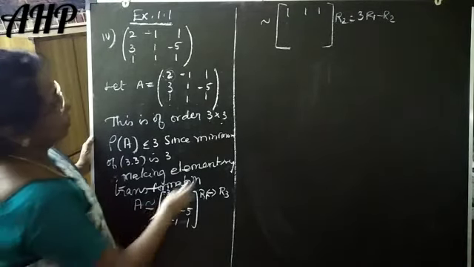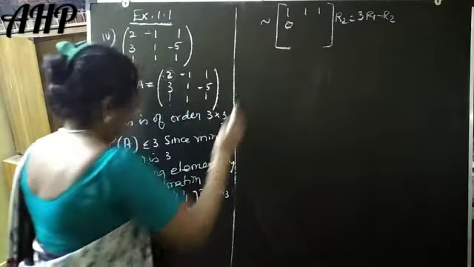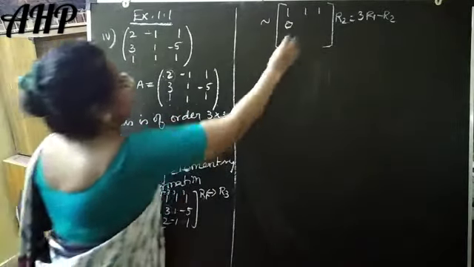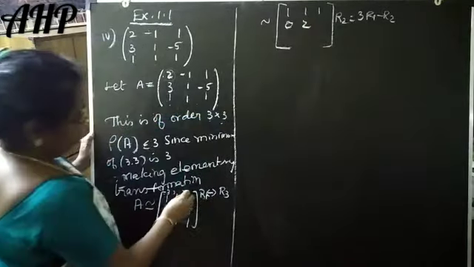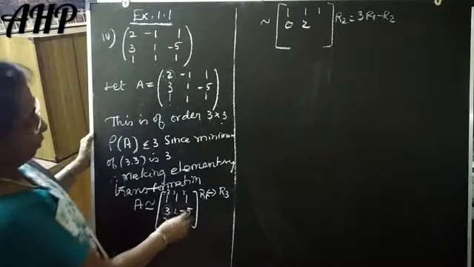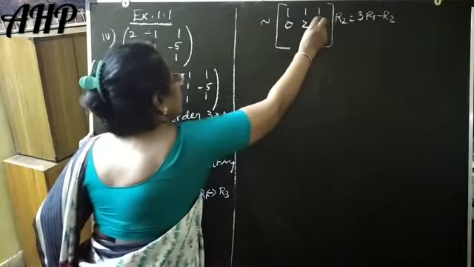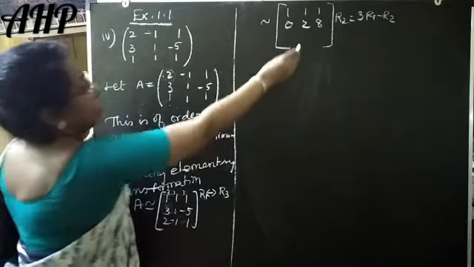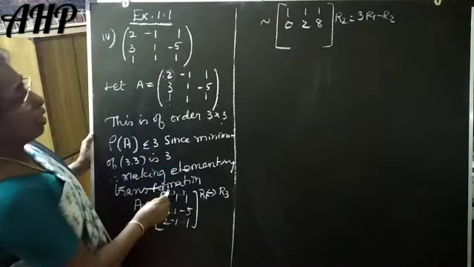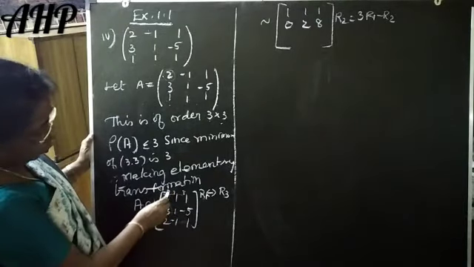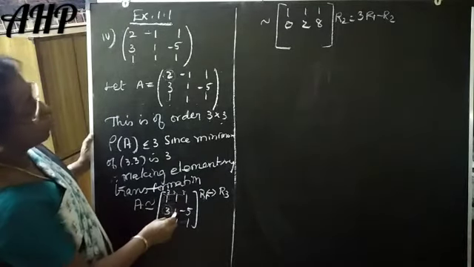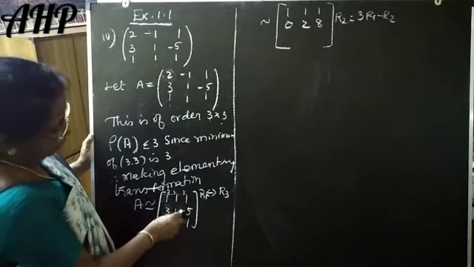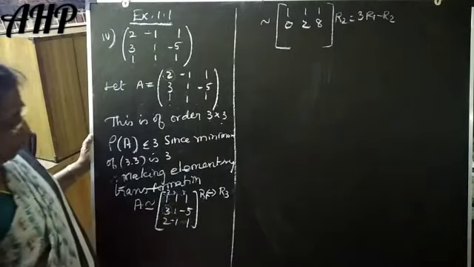So 3 minus 3 gives you 0. 3 minus 1 gives you 2. 3 minus of minus 5 will become 8. See, the first row is multiplied by 3 to get 3R1. So 3R1 minus R2: 3 minus 3, 3 minus 1, 3 minus of minus 5, so it is 8.